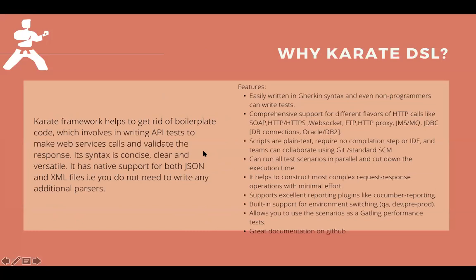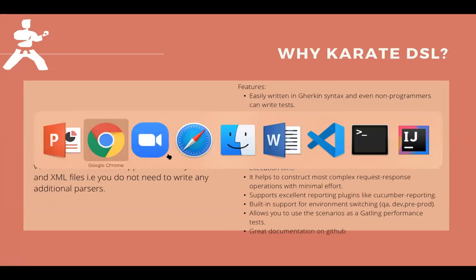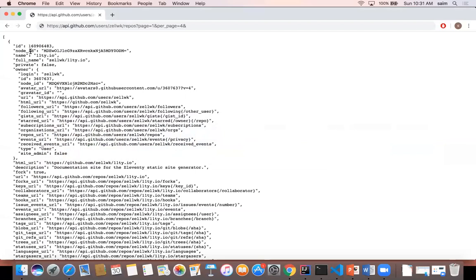Now, why Karate DSL? I'll talk a little bit about why Karate. It takes very few statements. When we say Karate, as I mentioned, it gets rid of a lot of boilerplate code in writing API test cases. For example, you make an HTTP request, like this one. You get an ID, a node ID, an owner, and things like that.